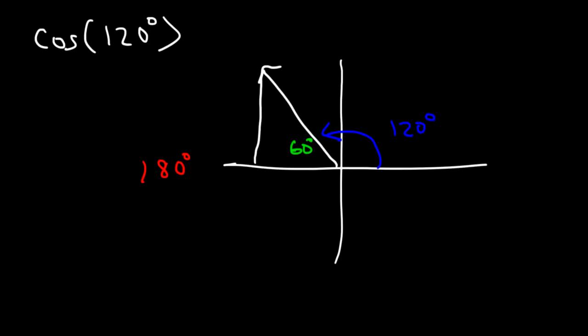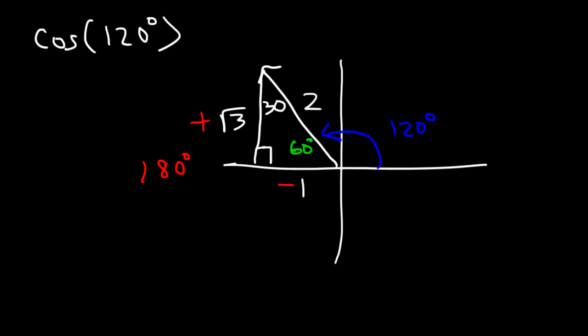So once again, we have the 30, 60, 90 triangle. So across the 30 is 1, across the 60 is root 3, the hypotenuse is 2. Now in quadrant 2, x is negative, y is positive. So now we're going to focus on the 60-degree angle, which came from the 120.